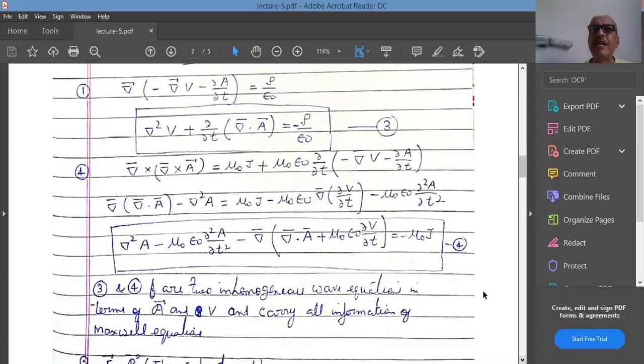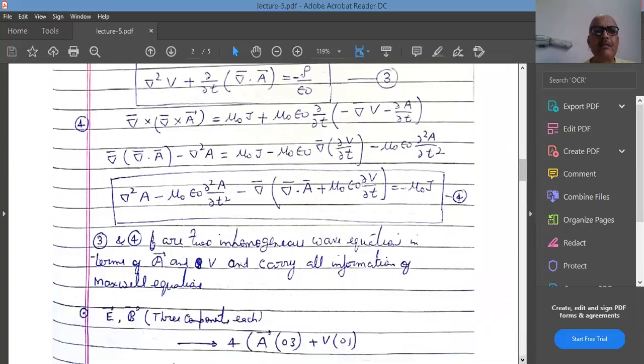If we express them in terms of the vector potential A and the scalar potential phi, A being a vector will have 3 components, phi being a scalar will have 1 component. So ultimately we are converting a 6 component problem into a 4 component problem. That is the beauty of doing all these things.